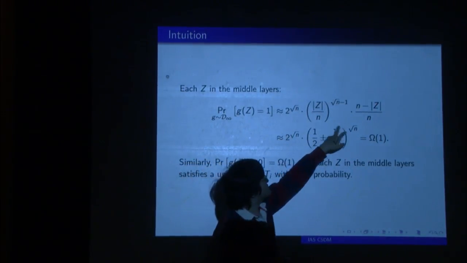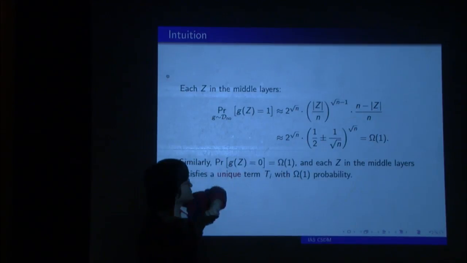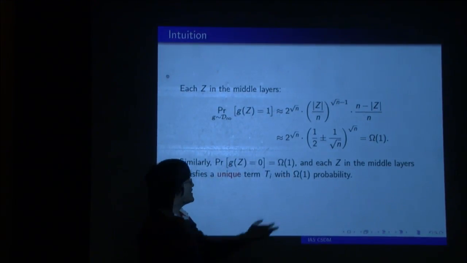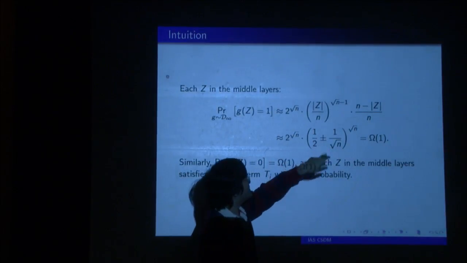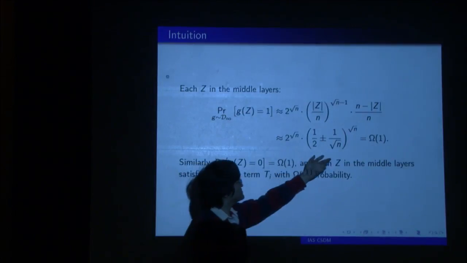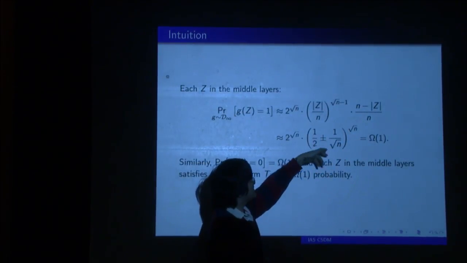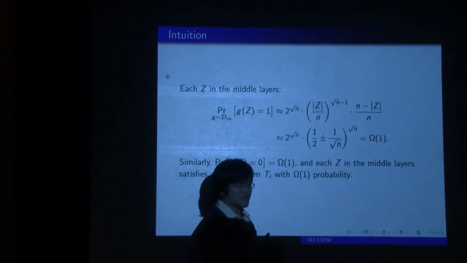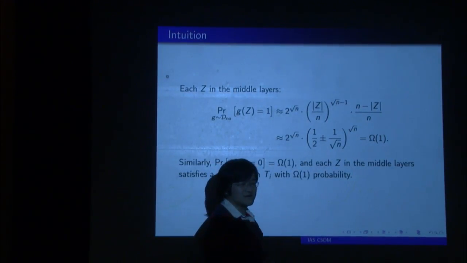For each term, you have this product which gives us the probability. Now z is in the middle layers, so everything here is like half plus or minus 1 over root n. And if you take this to the power of root n, it will give you like 1 over 2 to the root n times something constant. I mean, constant, like both constant away from 0 and constant away from 1.